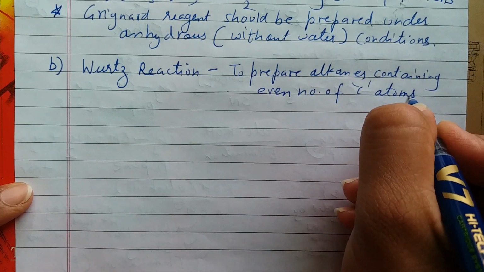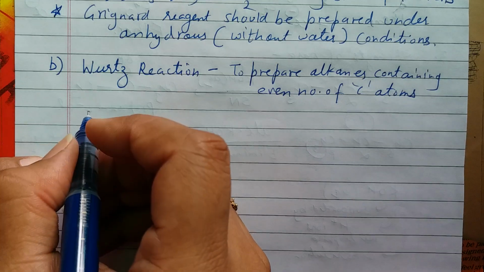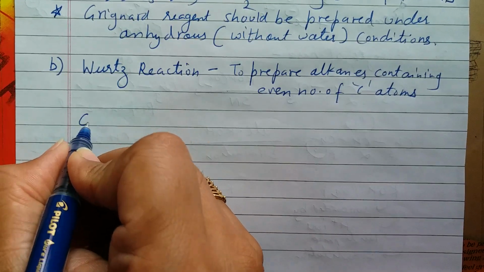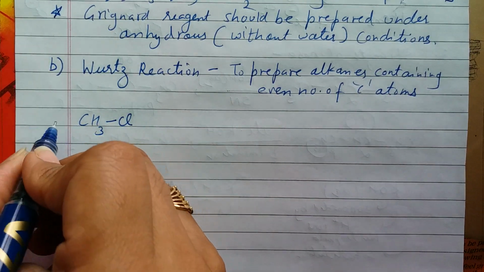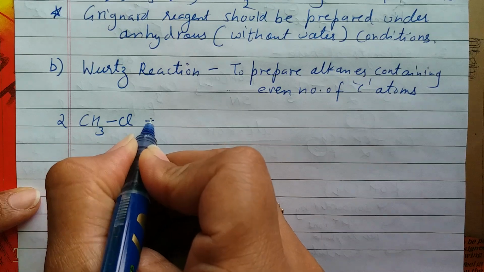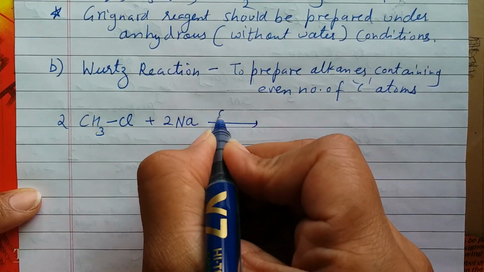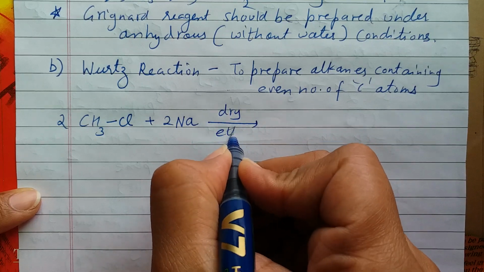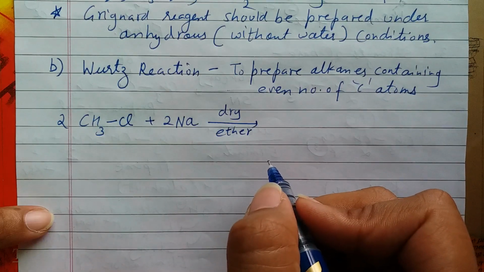So Wood's reaction is another reaction of alkyl halides with metals. Let's take an example. I take CH3Cl as an alkyl halide. In Wood's reaction, 2 moles of an alkyl halide react with sodium metal in the presence of dry ether.